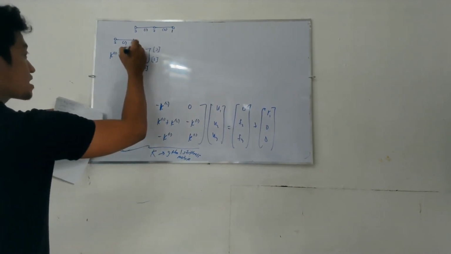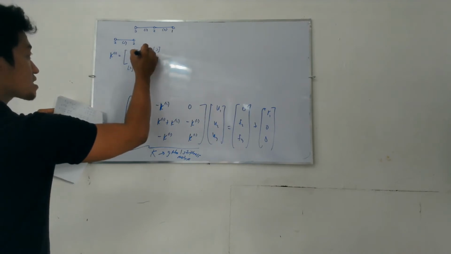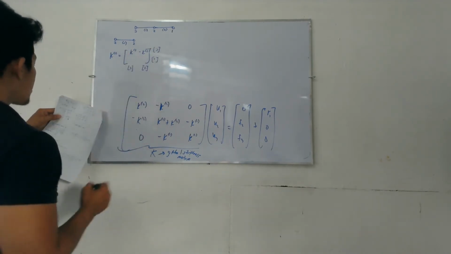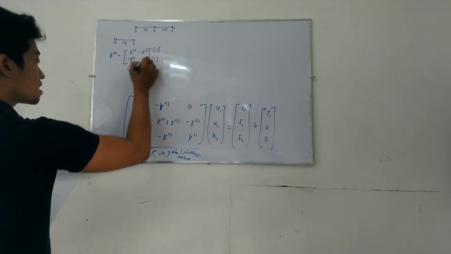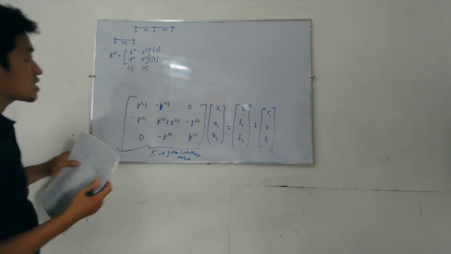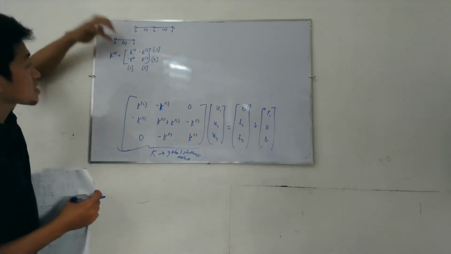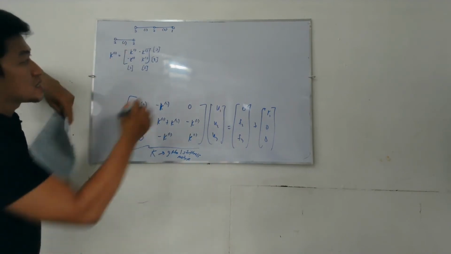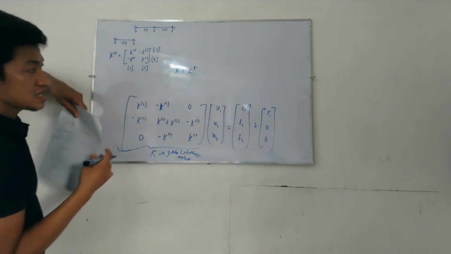Then K to the element, negative K. By the way, in this equation, the stiffness matrix K is equal to K transpose.